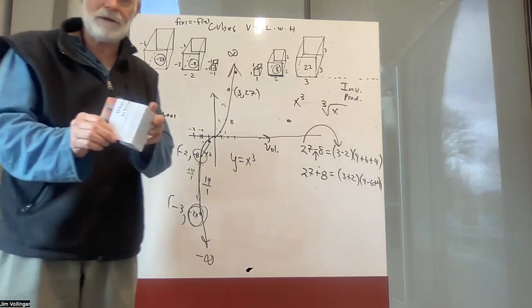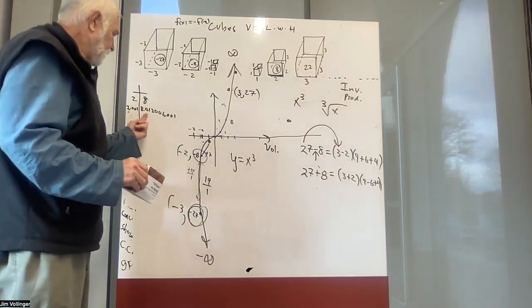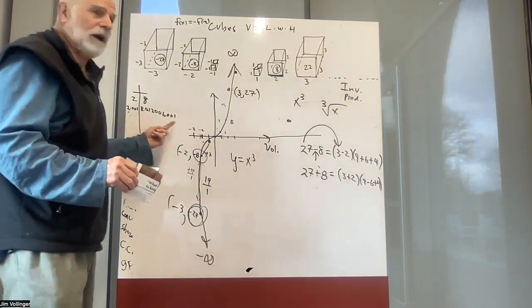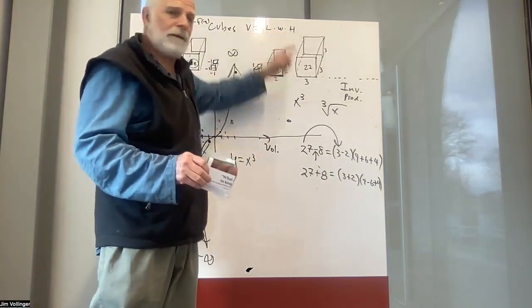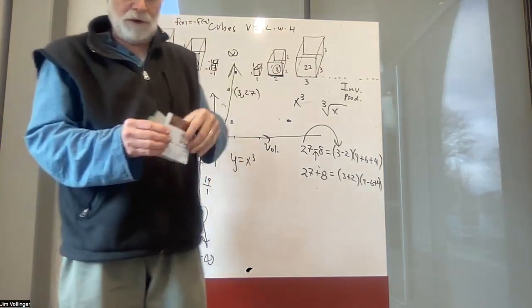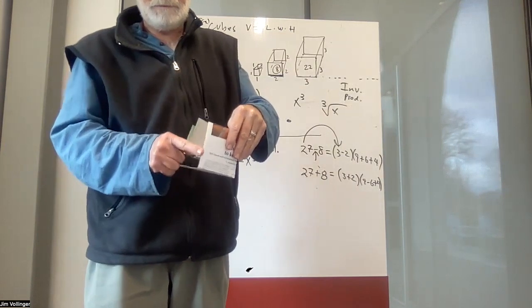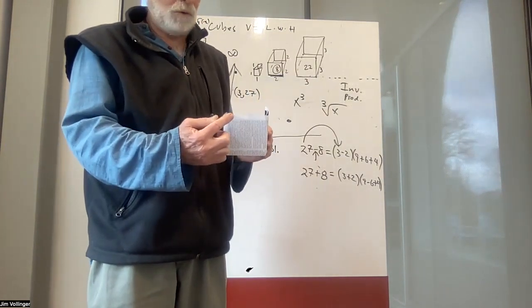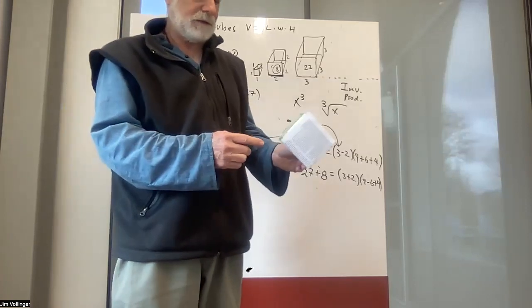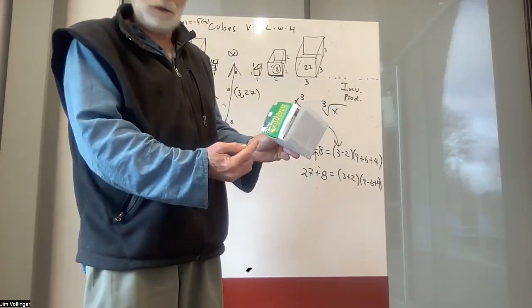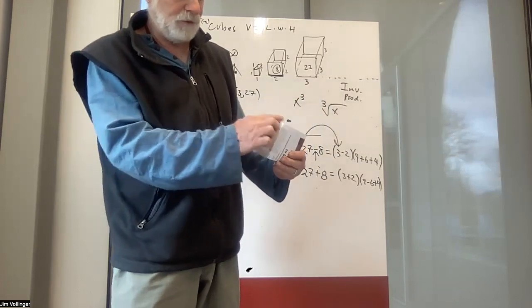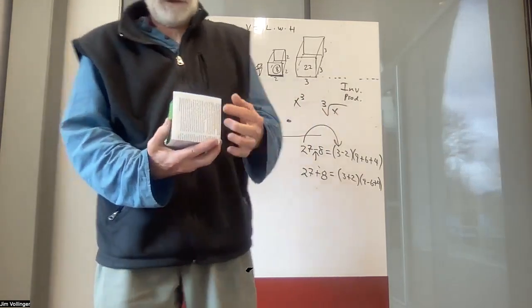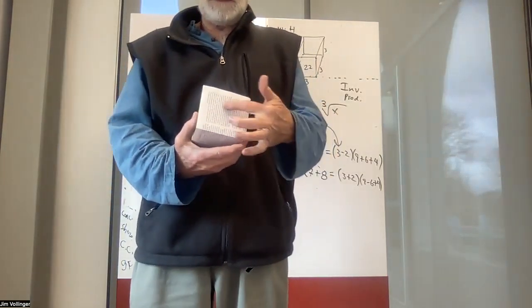What volume did I add to the box? There it is. And remember, volume is length times width times height. So what is the length? 2. What is the width? 2. And I think that's the height, 2, right? So there's a 2 by 2 here. And if you multiply 2 by 2, you get what?